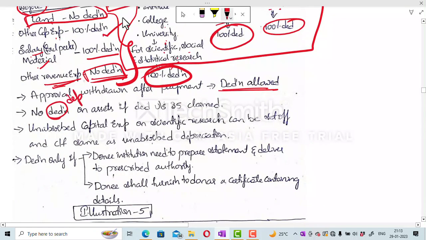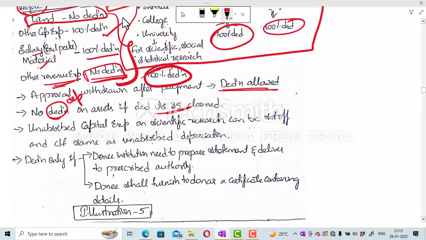We cannot claim depreciation if we have taken deduction under section 35. Means in this section, if only for scientific research we have purchased any asset and we took 100% deduction on it, we cannot take further deduction for depreciation on that asset.